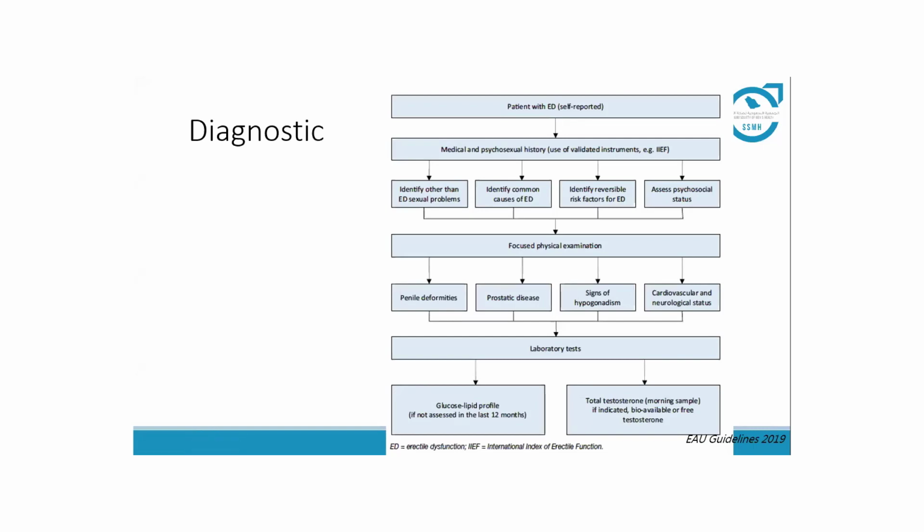Do a focused examination that will look for any penile deformities or penile plaques, prostate diseases, signs of hypogonadism, and cardiovascular and neurological status, in addition to the laboratory tests that we talked about.